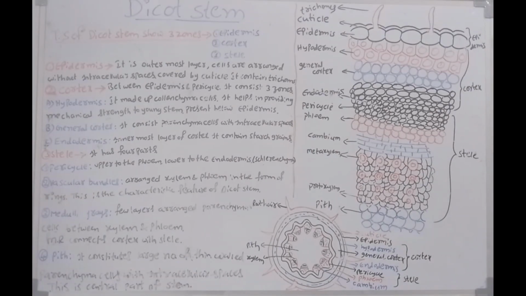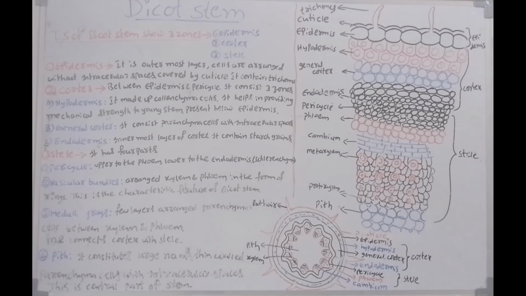See here, these vascular bundles are conjoint, open and with endarch protoxylem. Conjoint means xylem and phloem are together, here. Next one, open. These vascular bundles are open because in the middle of xylem and phloem, cambium is present. That's why these are called open vascular bundles.